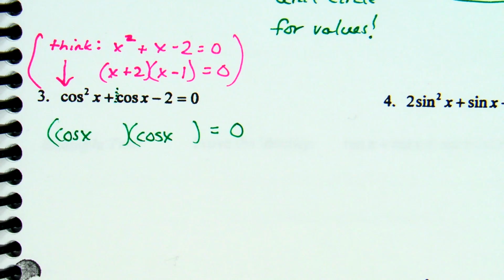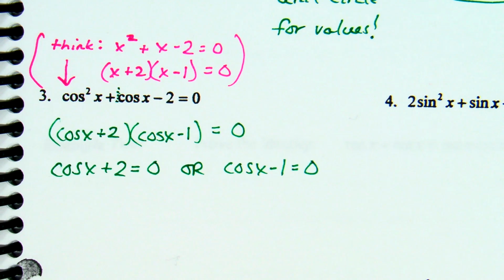Does a plain old typical cosine graph ever go as low as negative 2? No, not with either a translation down or a stretch that's going to pull it down. But this is just typical cosine, yes? So on this one, there is no answer for that one, okay? Because that one is not possible. Make sense?